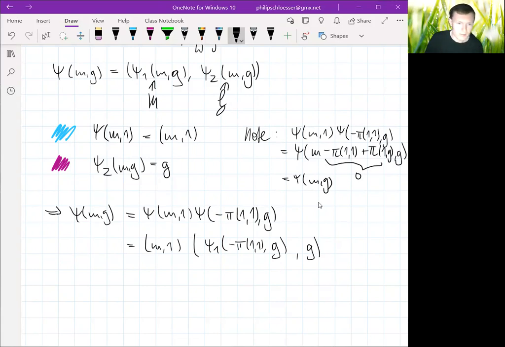And by just applying our multiplication formula, we find that this is that, although I believe there should be a G there.